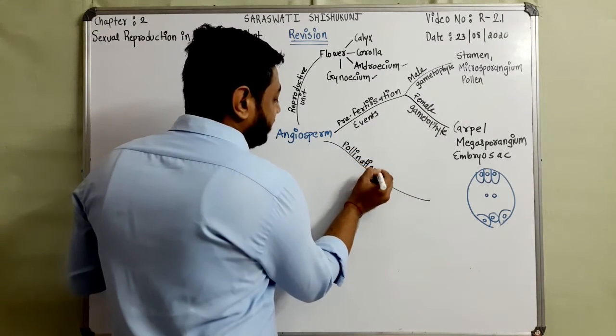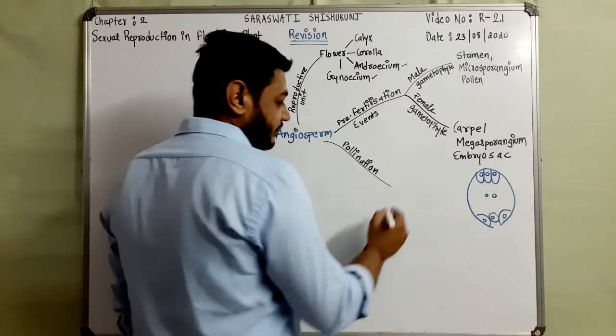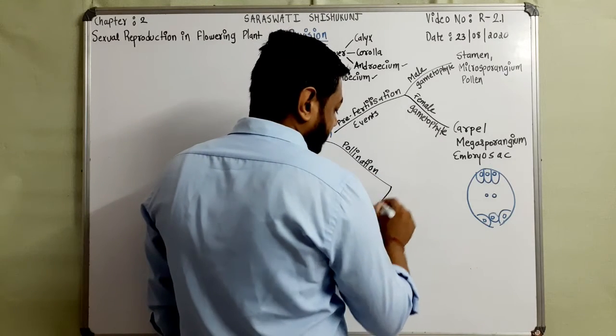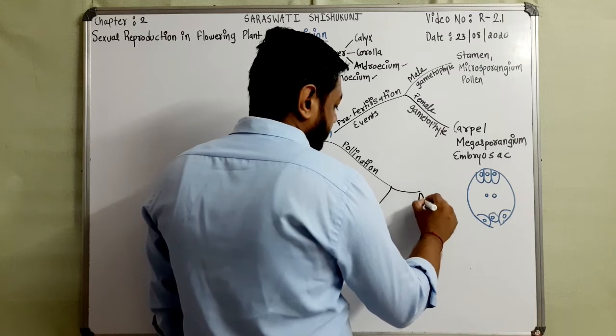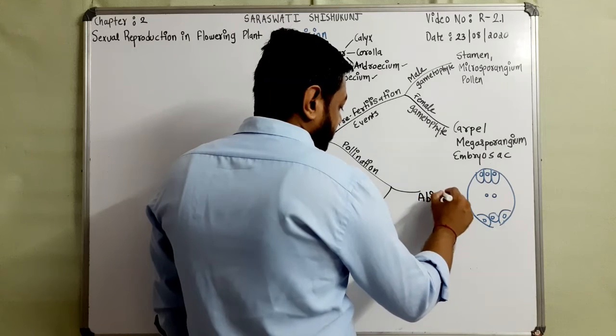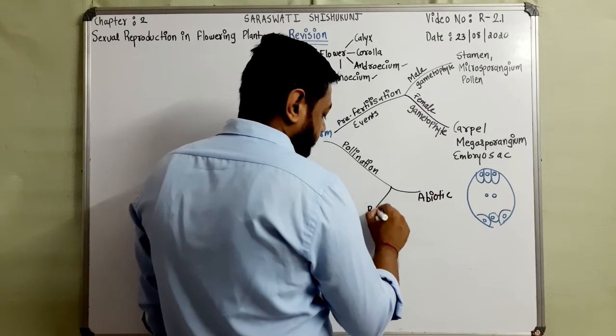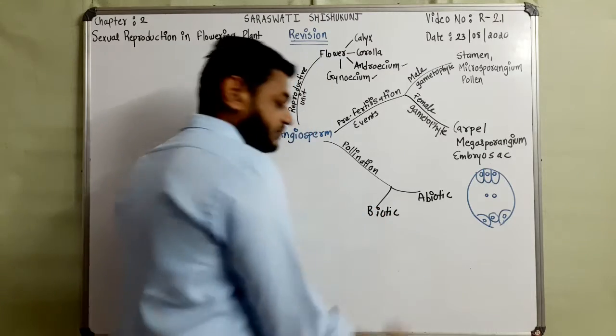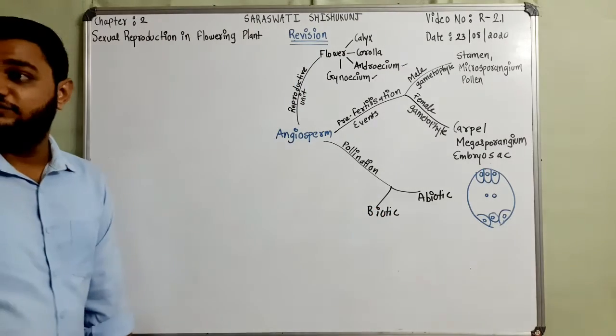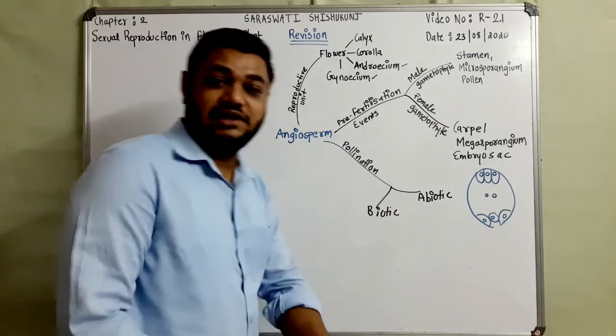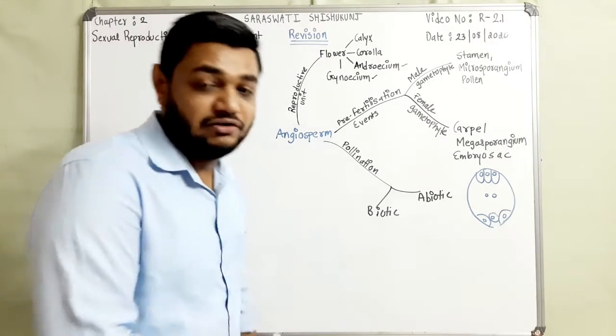Pollination is carried out by abiotic and biotic agents. Wind and water, which are not living, are called abiotic agents.